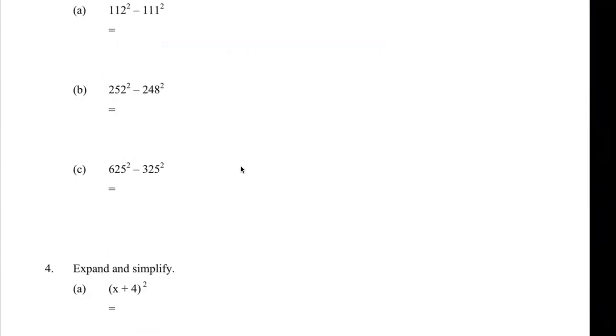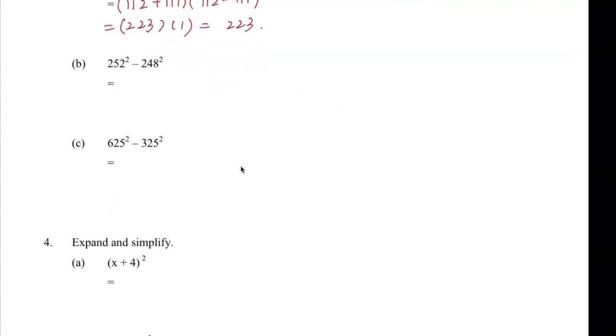It's pretty easy. 112 squared minus 111 squared can be written as 112 plus 111 times 112 minus 111. 112 plus 111 is 223. 223 times 112 minus 111, that's just 1. So the answer is 223.